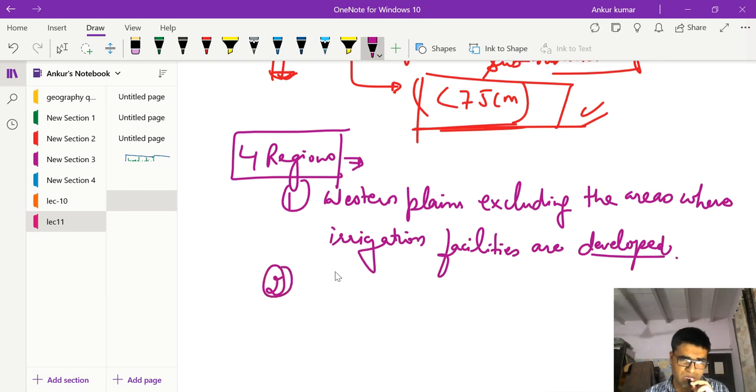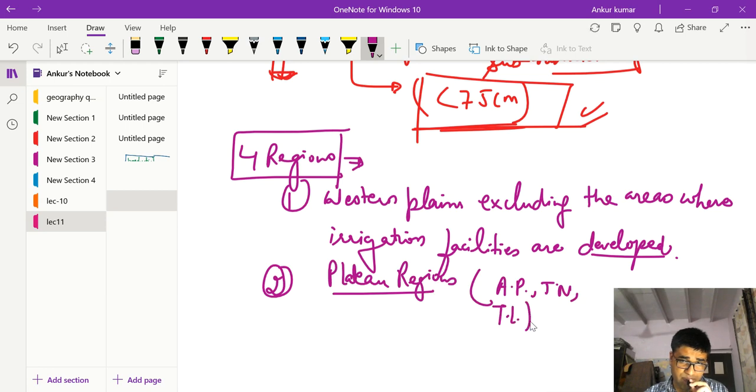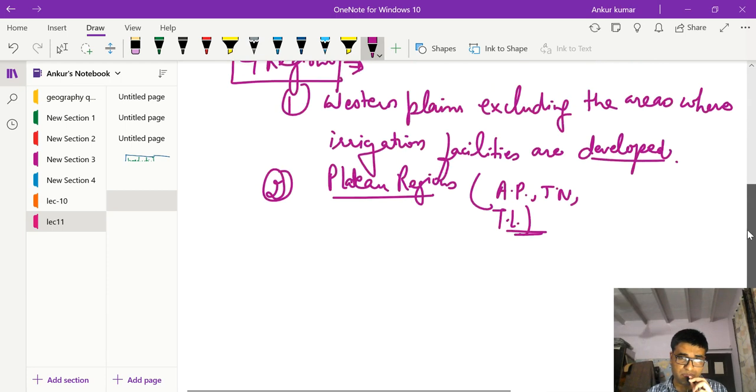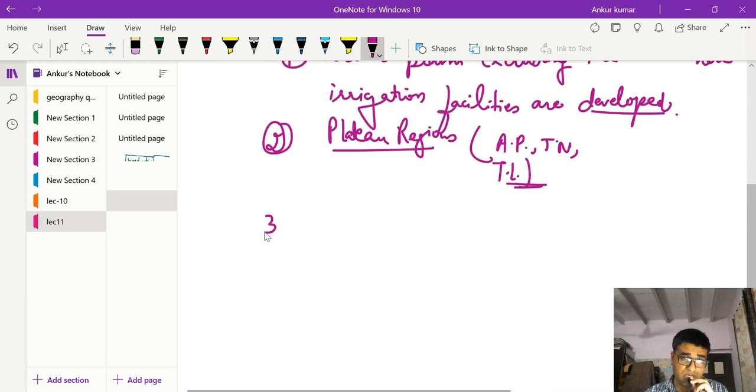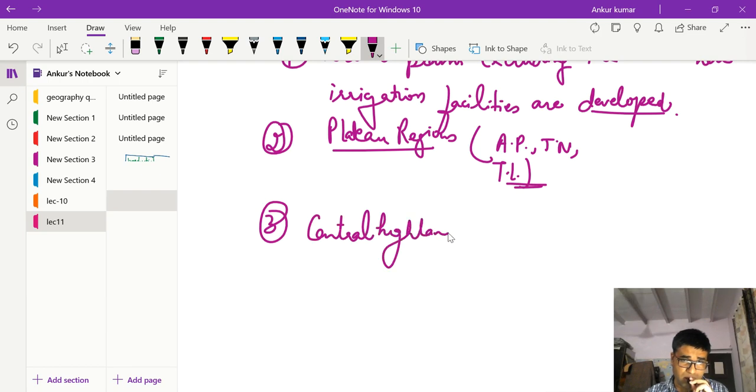Region number two is the plateau regions, and these regions include Andhra Pradesh, Tamil Nadu and Telangana. So this is the second region. The third region where dryland farming is done is the Central Highlands of India.